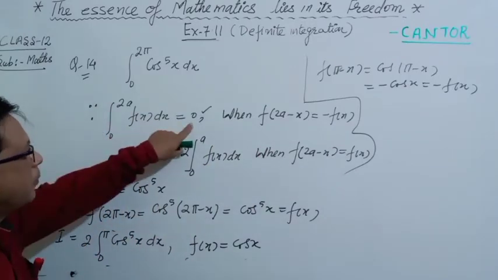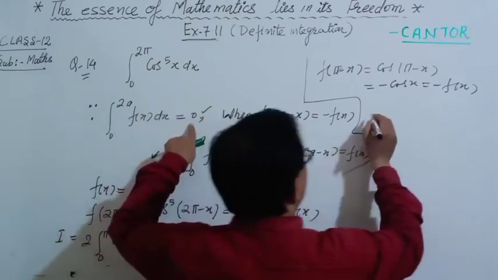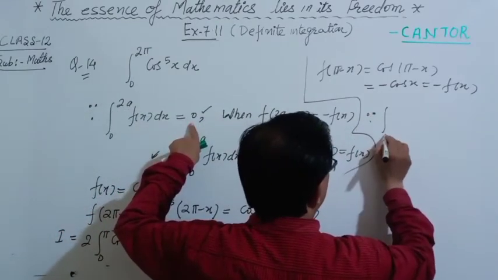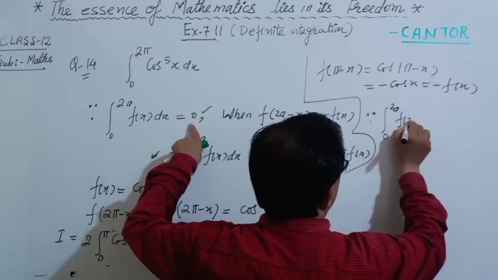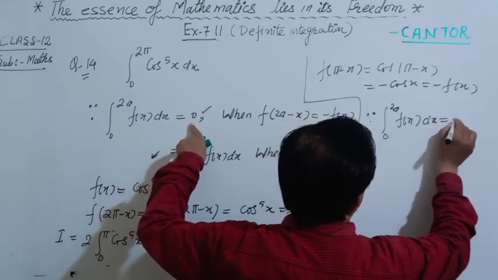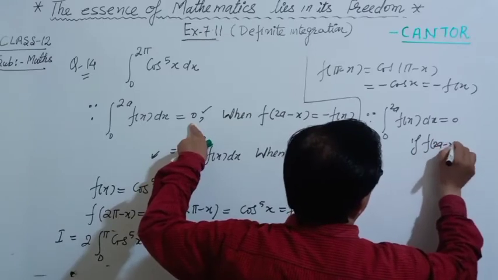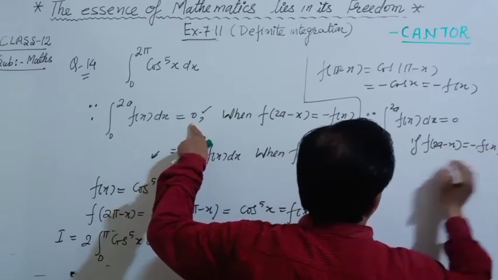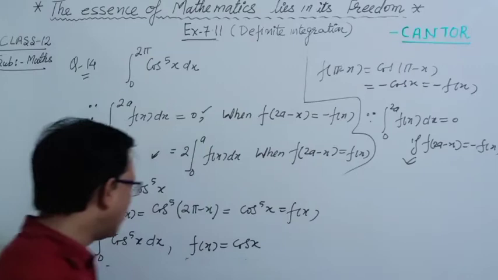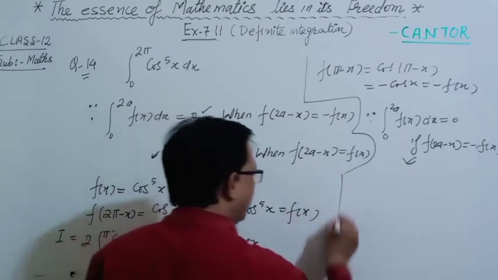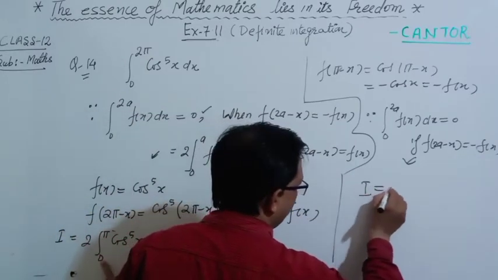Now this property: the integral from 0 to 2a of f(x) dx is equal to 0 if f(2a minus x) is equal to minus f(x), and this property holds here, so our whole integral I becomes 0.